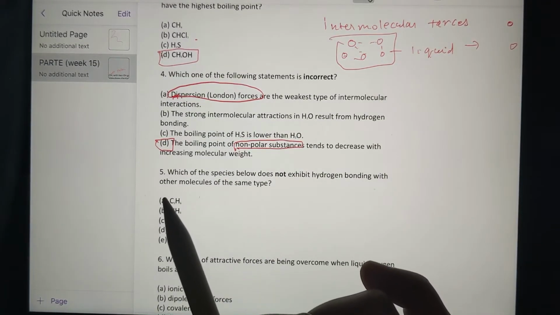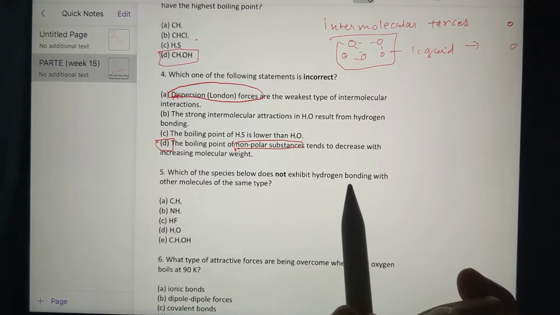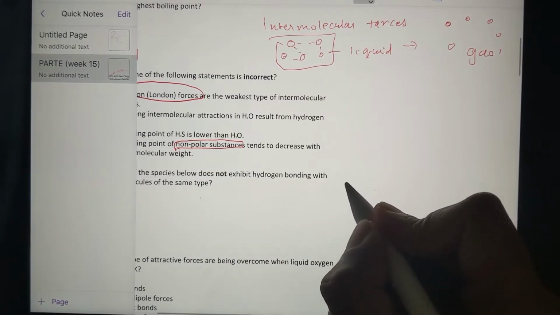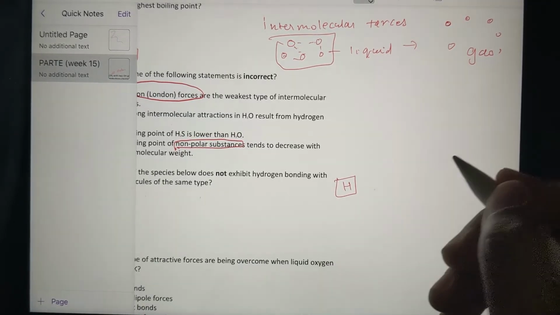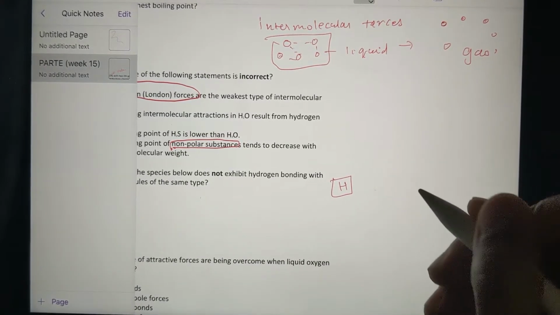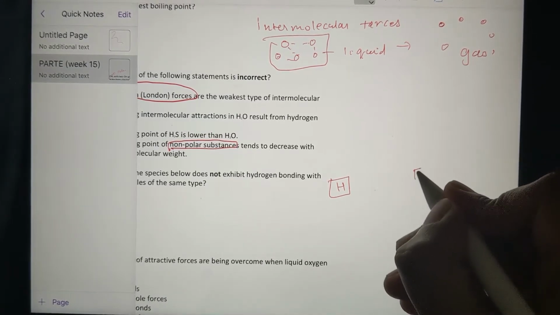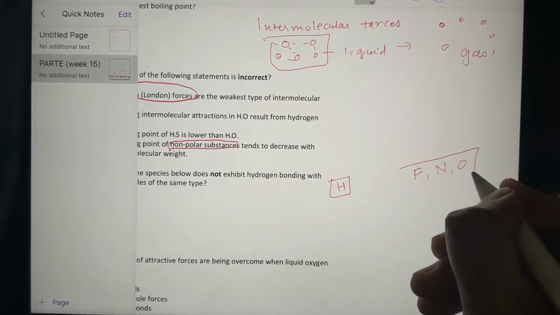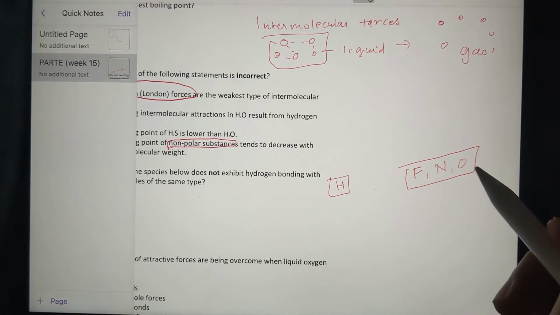For the fifth question: which of the species below does not exhibit hydrogen bonding? Hydrogen bonding is a dipole-dipole attraction that occurs when hydrogen is connected to one of the electronegative atoms such as fluorine, nitrogen, and oxygen. So hydrogen has to be attached to one of these elements for this interaction to occur.